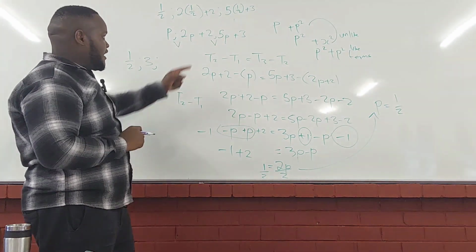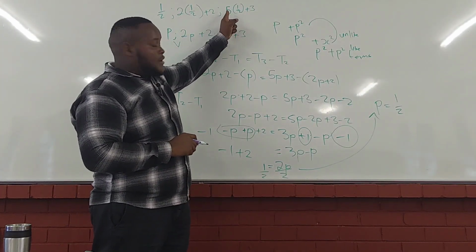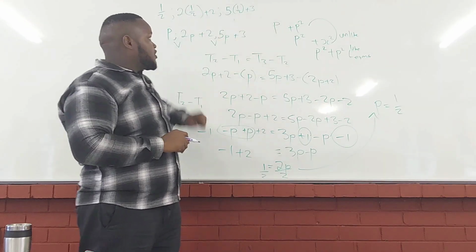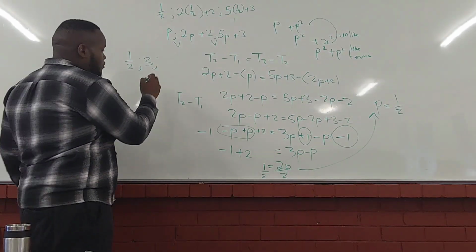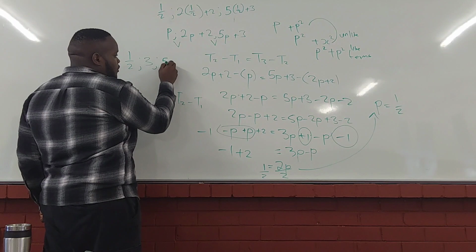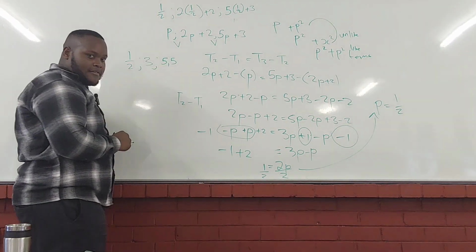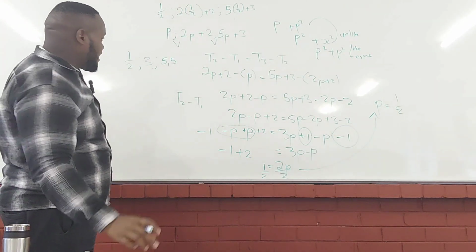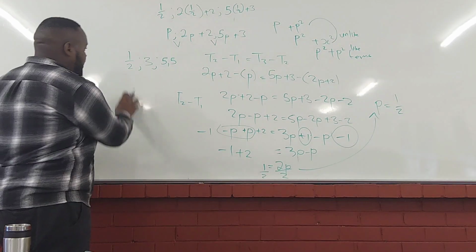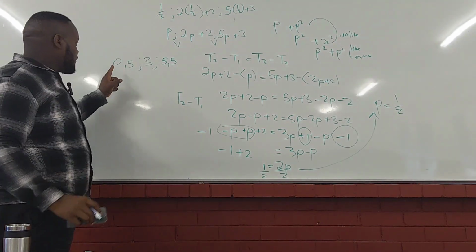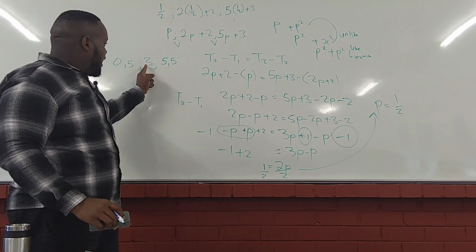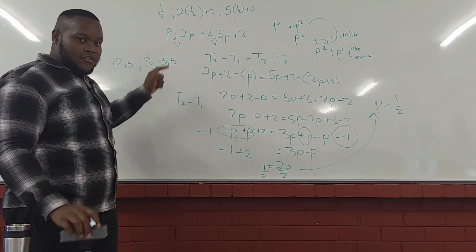Then what is the third term? I'll have 5 multiplied by 1 over 2, which is going to be 2,5. 2,5 plus 3, I am going to have 5,5. Or I can write it as a fraction, but even if you write it as decimals, it is still the same. I have 0,5, I have 3, I have 5,5.